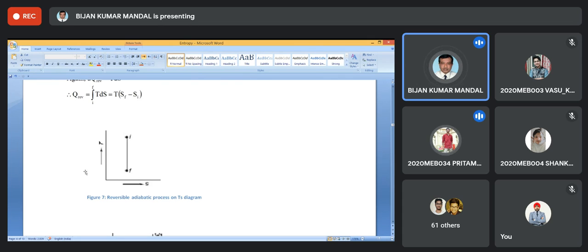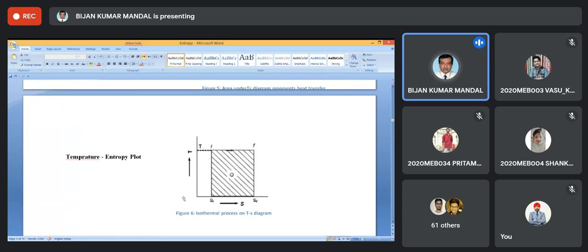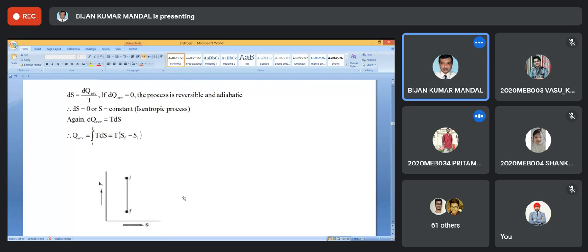That's why it is known as temperature versus entropy. In all the cases, the y-axis is temperature and the other axis is entropy.